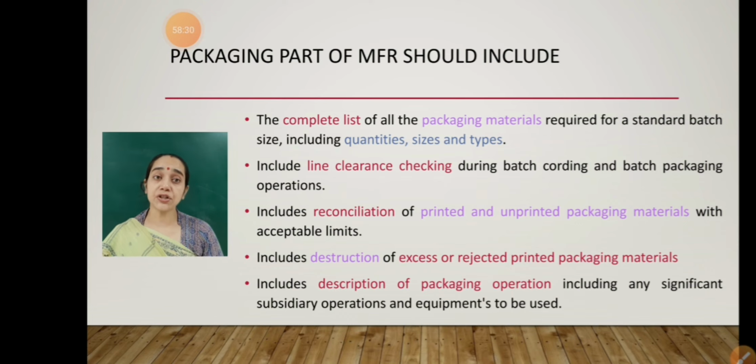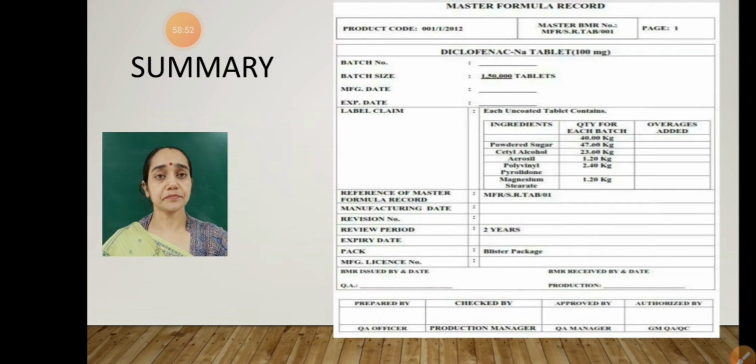It should also include the description of all the packaging operations, including any subsidiary operation and equipment that may be used. All the descriptions of the packaging operations should be included over here.